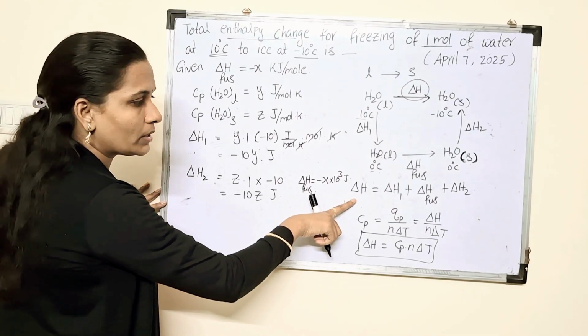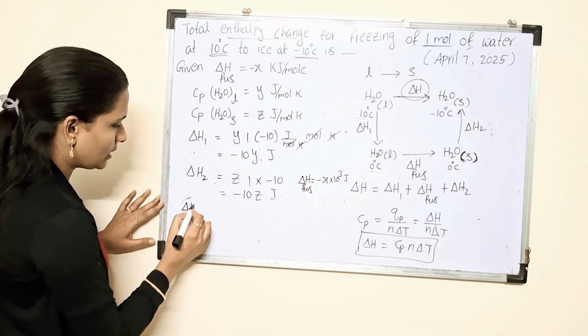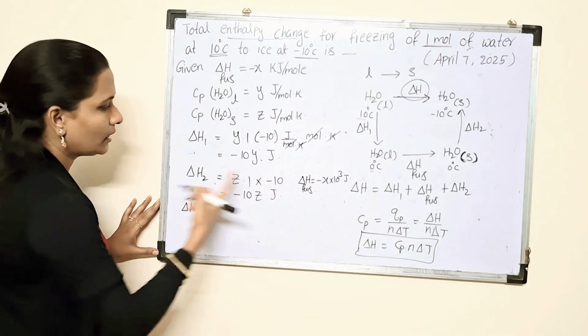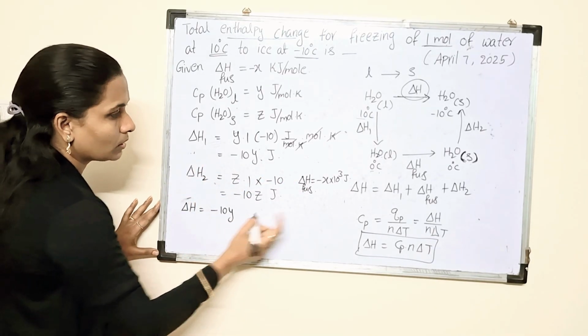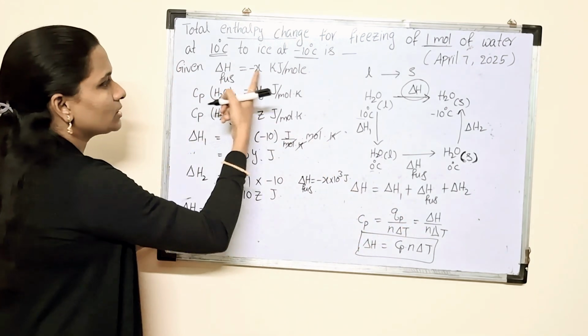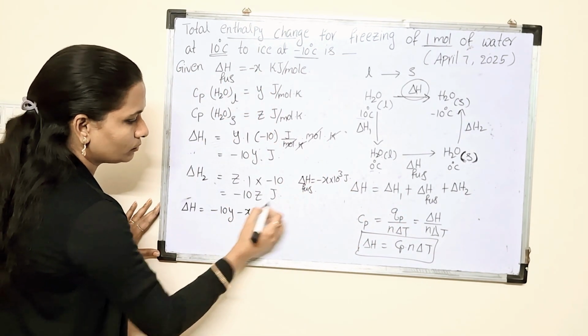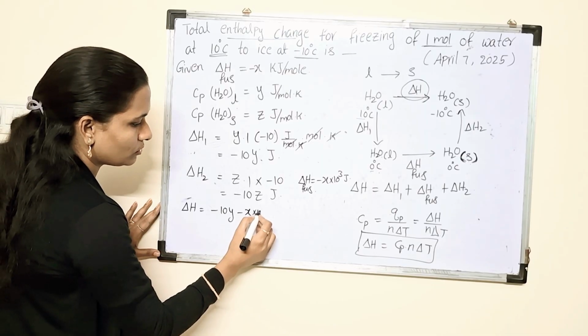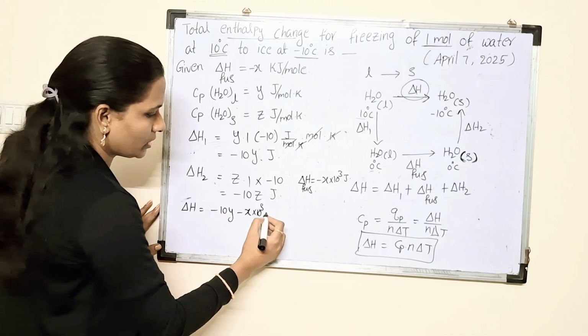Now substitute all the values in this equation according to Hess law. Delta H equals delta H1, that is minus 10y, plus delta H fusion, that is minus x into 10 cube joules, plus delta H2, that is minus 10z.